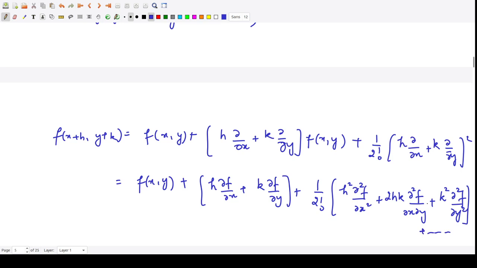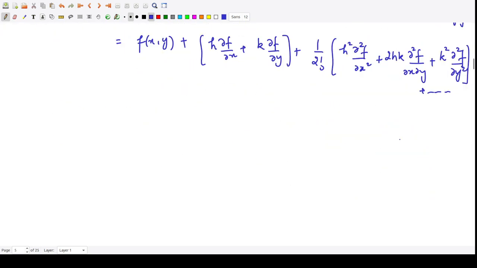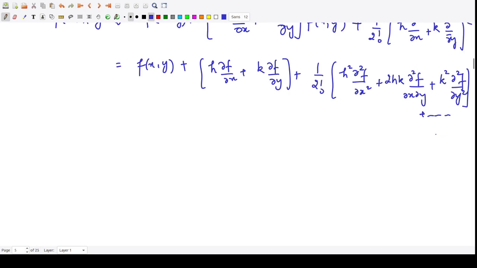So this would be the Taylor's theorem. Because we are to calculate up to second order, we are required to calculate these partial derivatives for the given function. So once you calculate these partial derivatives, you substitute those into this particular expression. So this is how you obtain the Taylor's series expansion of the given function.